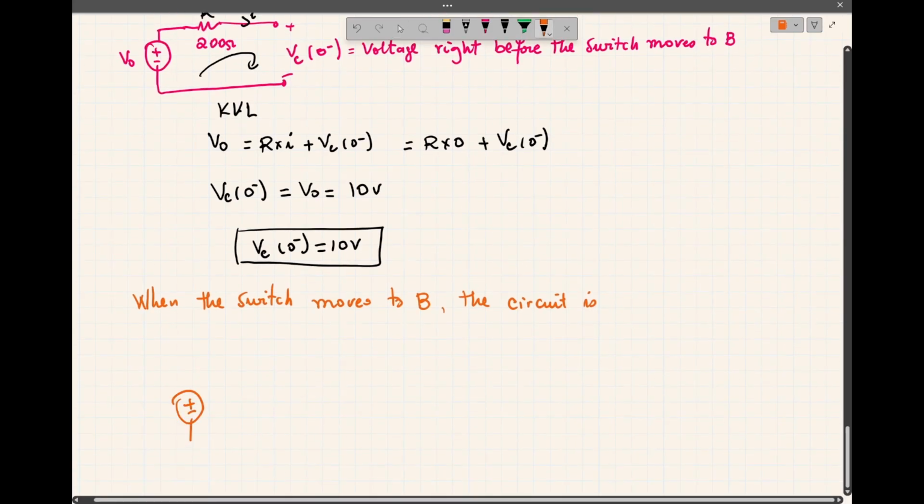We have the source, we have the 200 ohms, but then we have the capacitor now connected to the 10 kilo ohms and to ground.